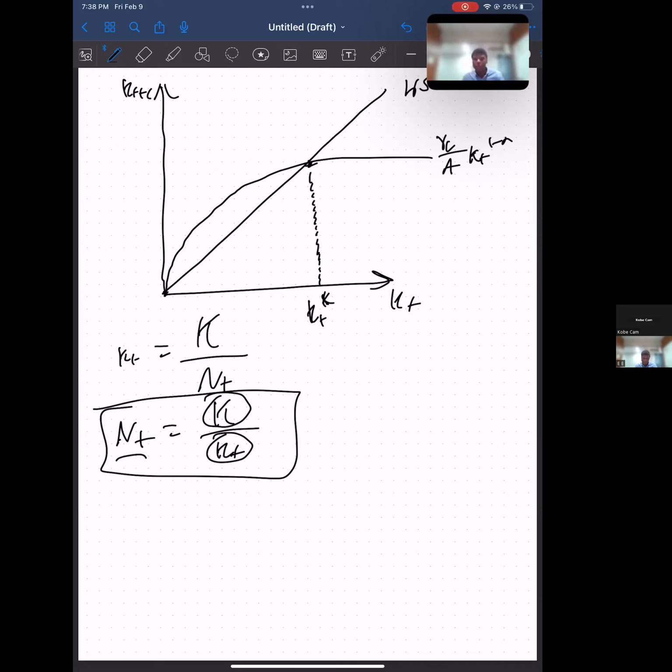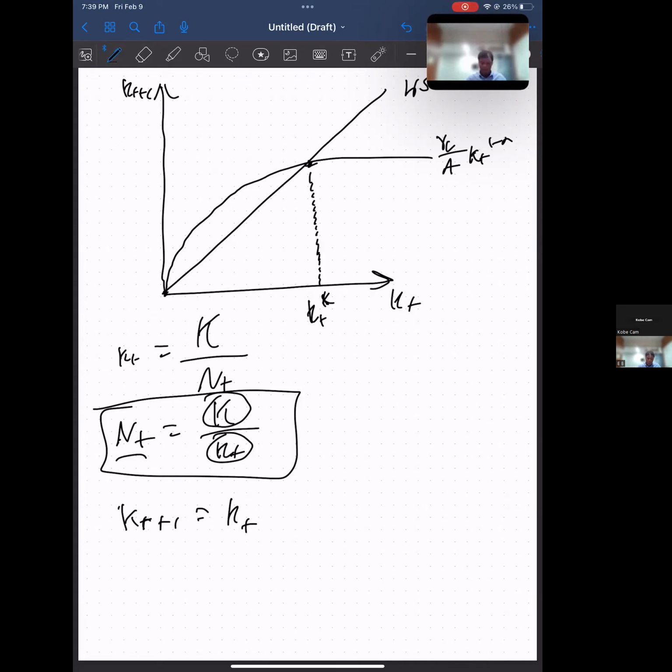Let's do that. Typically, when we're finding the steady state for something, we have to think about what does steady state mean? The steady state just means that we are at a point where we are no longer changing output per capita. Output per capita is remaining the same forever. And that would happen if k_t plus 1 was equal to k_t.